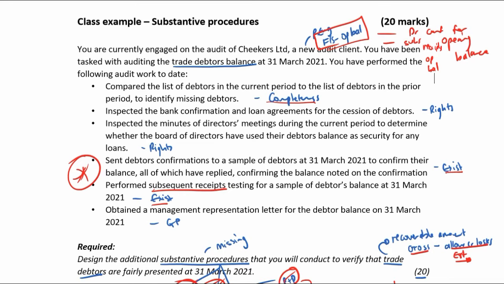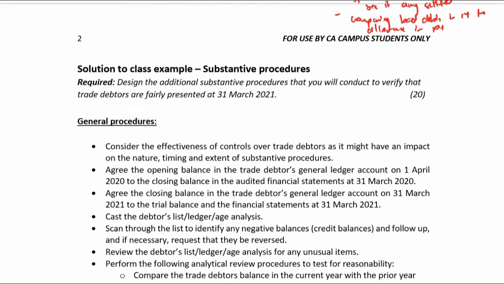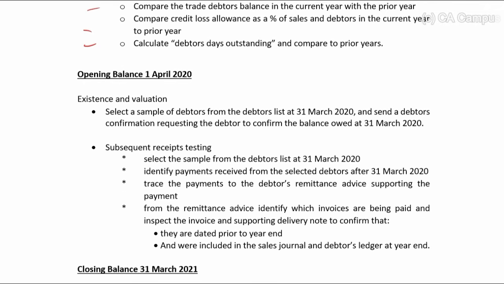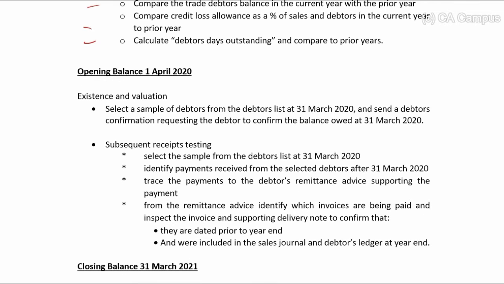Okay, let's have a look at the solution. So the solution first addresses the general procedures. You've got your effectiveness, opening, closing, casting, scanning, looking for unusual items, and then your analytical procedures. Okay, they did some ratios there. Then opening balance, because it was a new client.